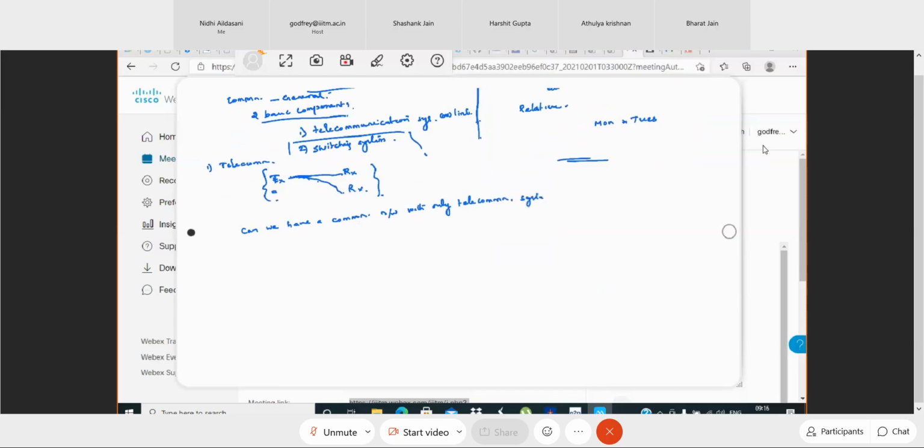Assume that you have this telecommunication system that connects the transmitter and the receiver. Can we have a communication network with only the telecommunication system?